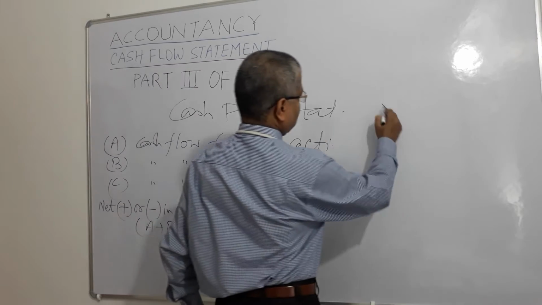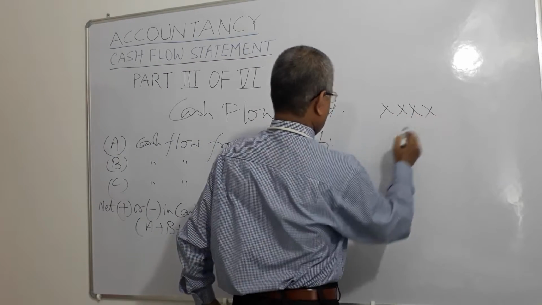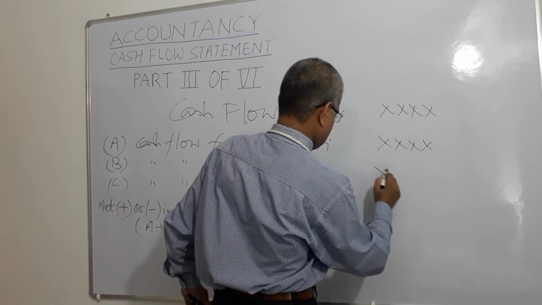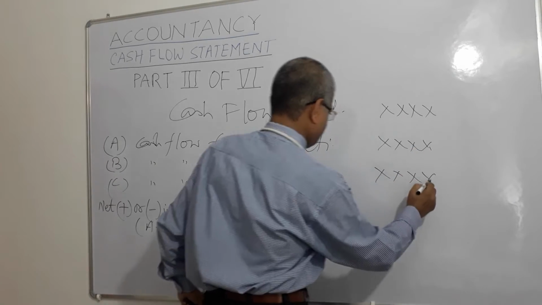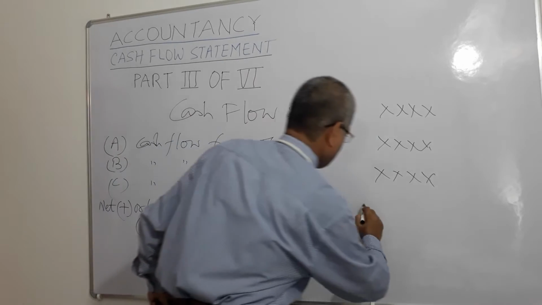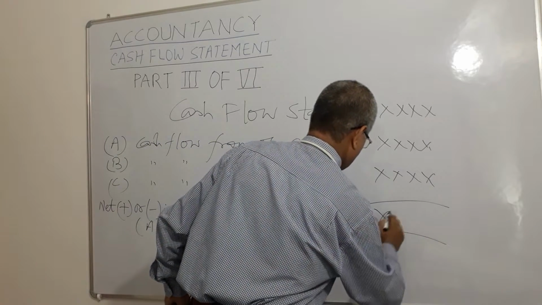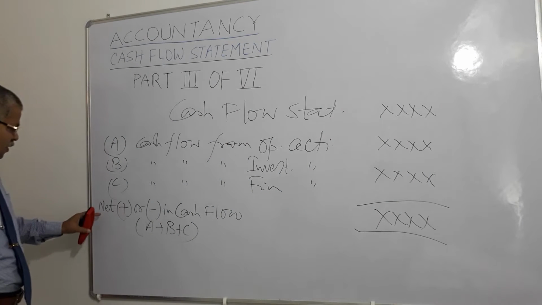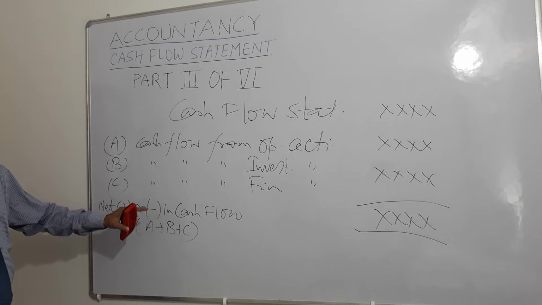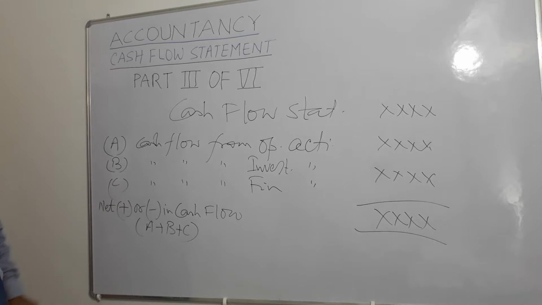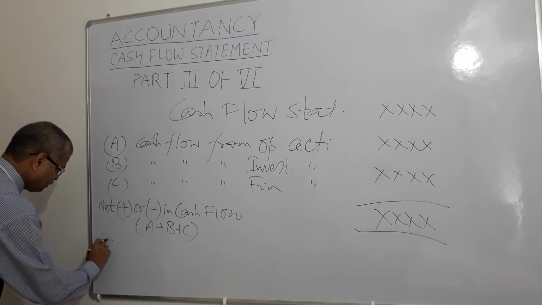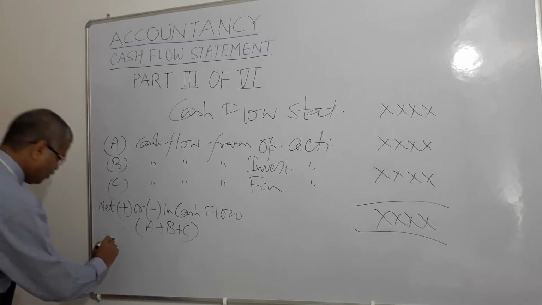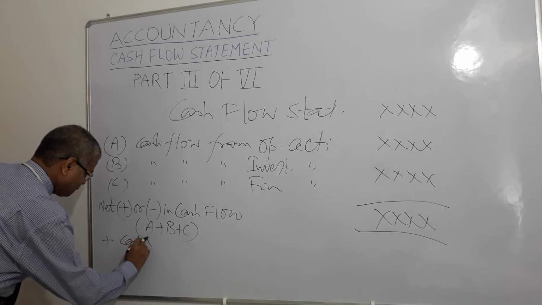So suppose this is the figure. Here we get the total of ABC, which shows net increase or decrease in cash flow. In this we add, what do we add? Cash and cash equivalent at the beginning.